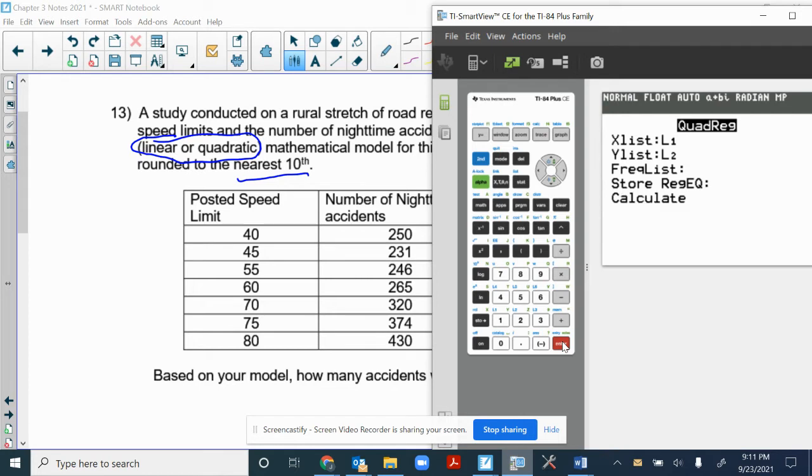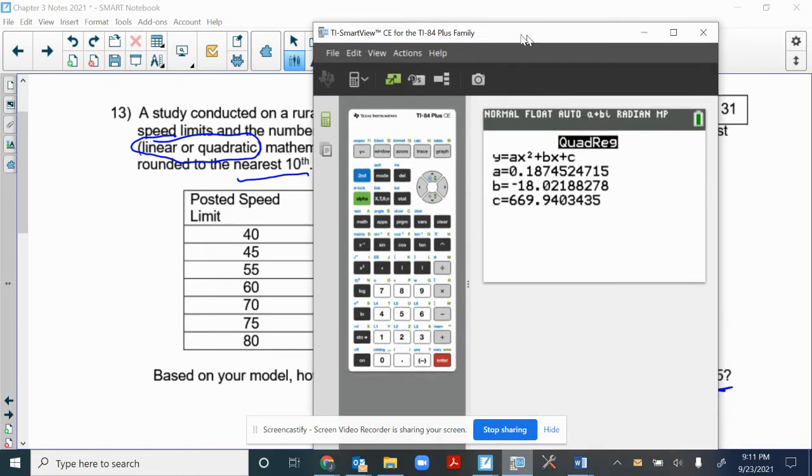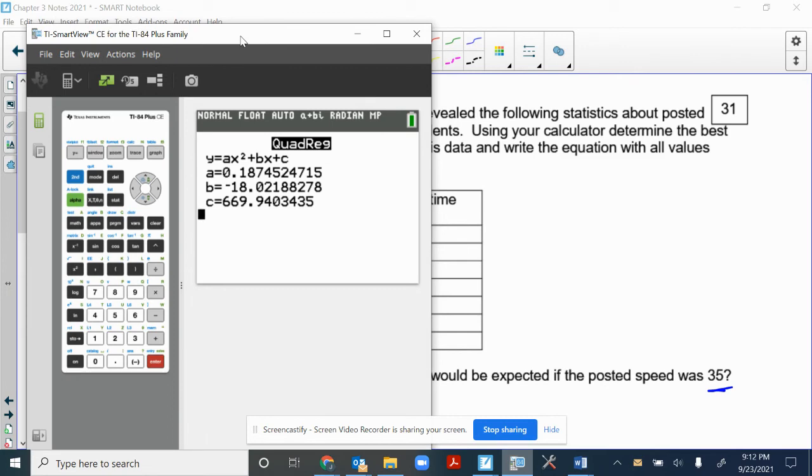With my calculator, I just go to calculate. If you have a different, older calculator, you might just need to hit enter. And there we go, we get our equation. Let me write that down.